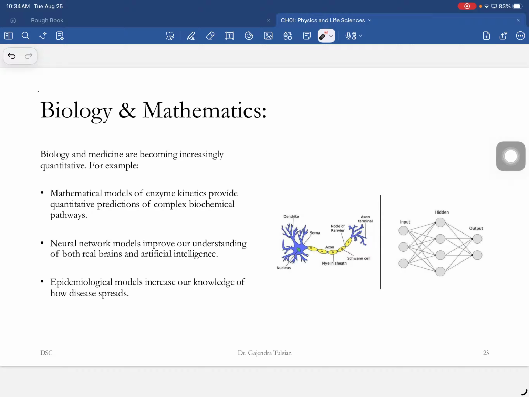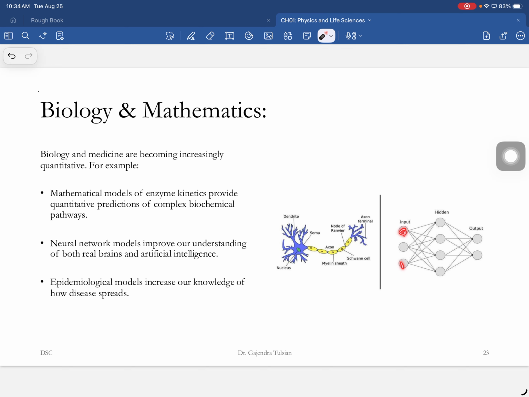Now you want to use this to understand itself. You have 90 billion neurons which are interconnected. Each neuron has roughly 10,000 connections. So neural networks model brain connection.